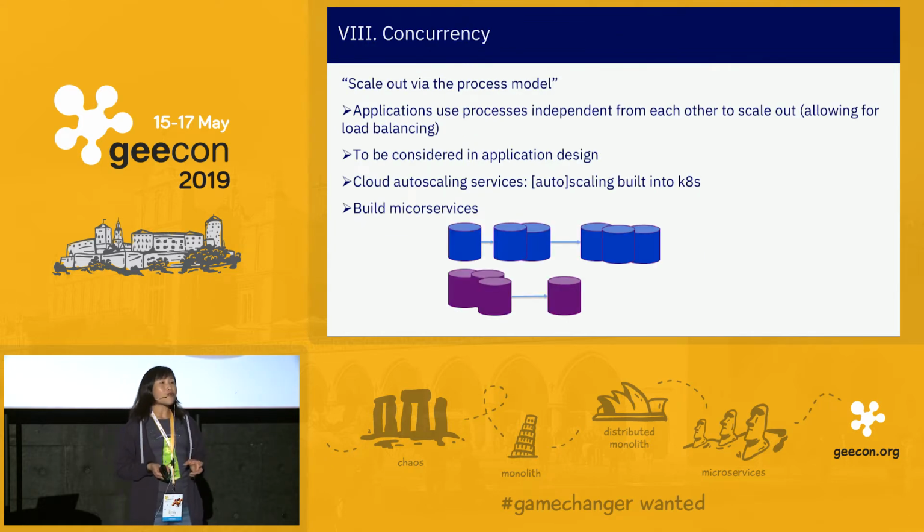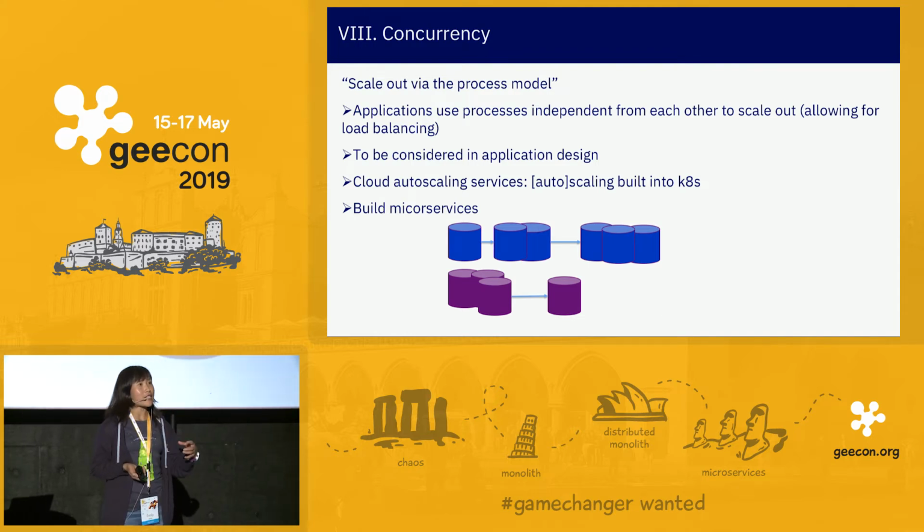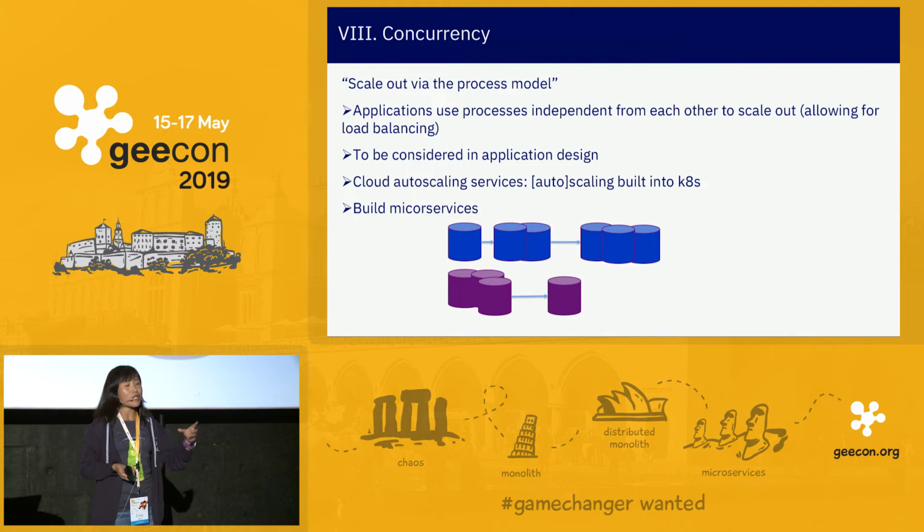So the eighth one is concurrency. Previously we talked about processes, which are stateless processes, and concurrency is when this microservice is under heavy load, you can scale up. The cloud infrastructure is free to scale up and put in more instances of it.